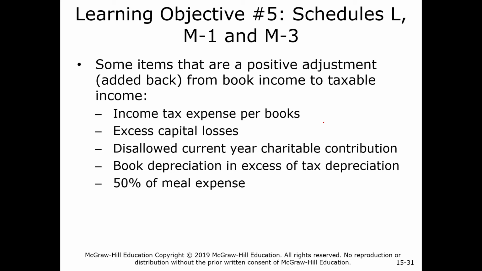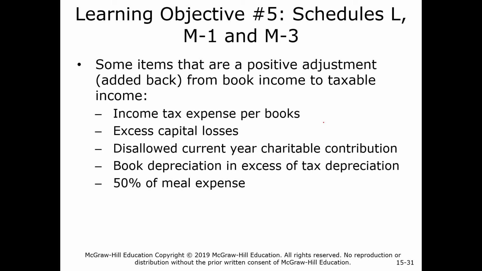For example, if our book income is net of income tax expense, we have to add that back. If in our book income we subtracted any capital losses, we have to add that back if we don't have capital gains to offset it.